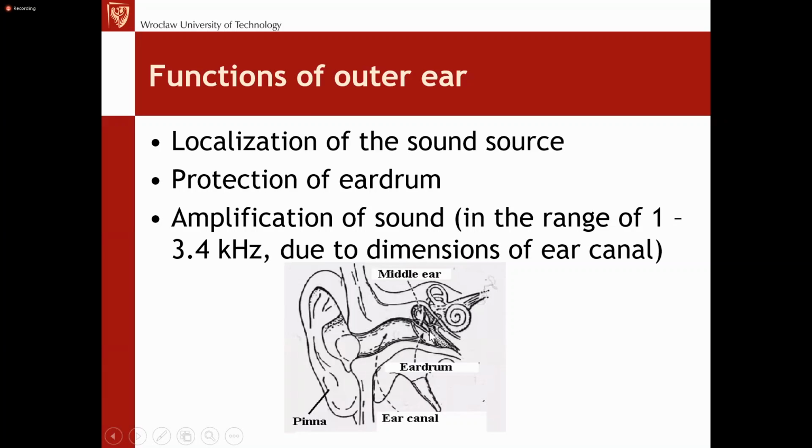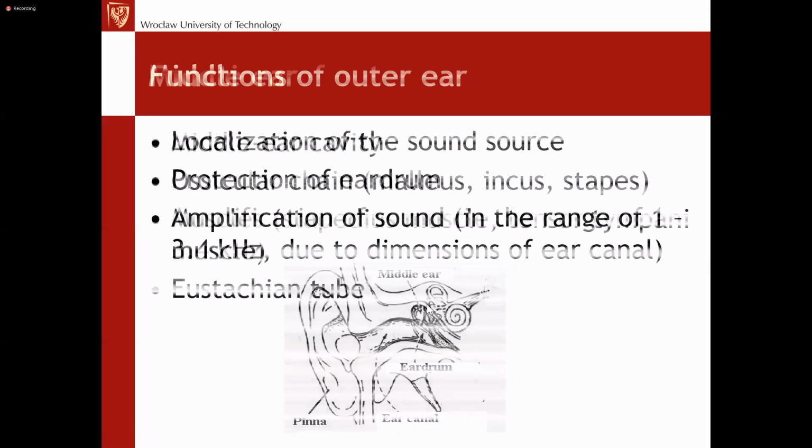At the end of the ear canal, we can find the eardrum, and the eardrum starts to vibrate, and the vibration is transferred from the air to the middle ear.